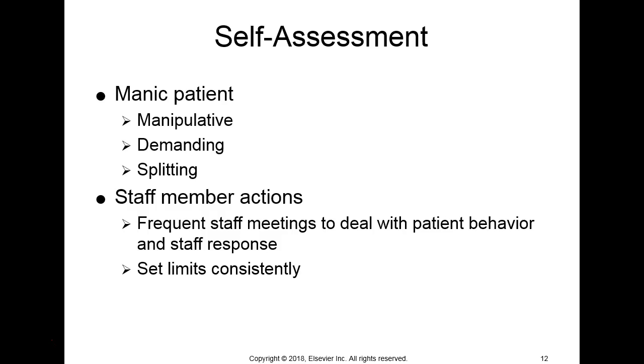There might be a time where the staff might even not want a student involved in somebody's care because they feel like throwing in an extra person might be detrimental, because then the patient might feel, oh good, I've got another person who's new and I can manipulate them and I can be demanding and get things from them that the staff won't give me. So there are times when the staff have asked that a student not even care for a particular person because of that inability to be very consistent.